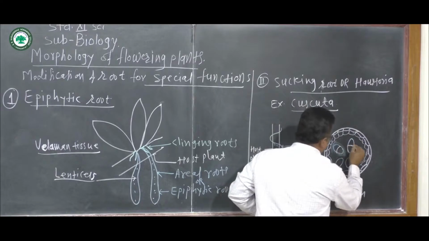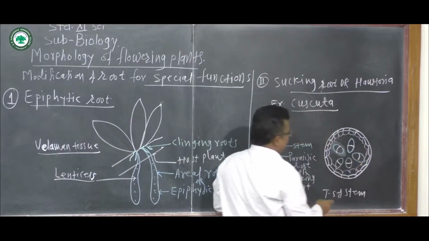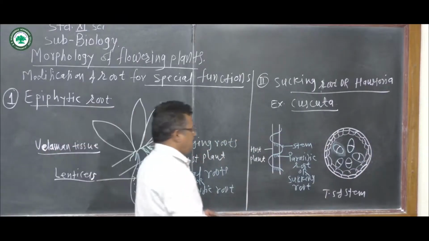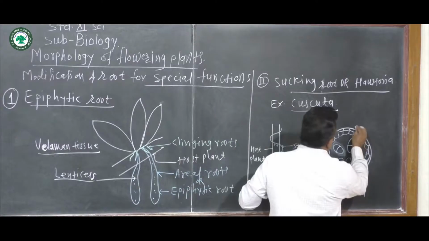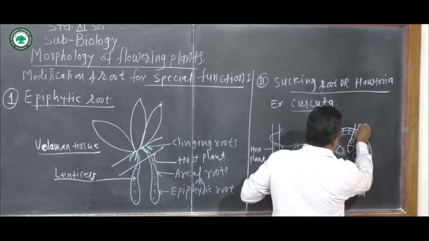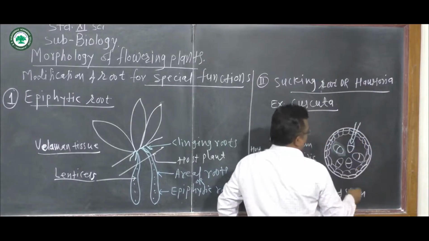Vascular bundle, xylem and phloem. Then they insert the root in the vascular bundle for absorption of water.